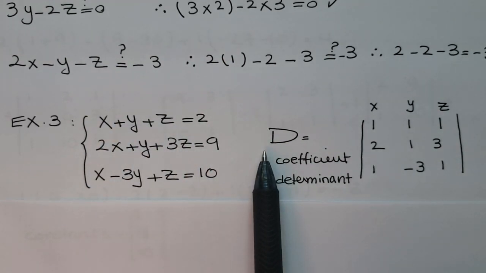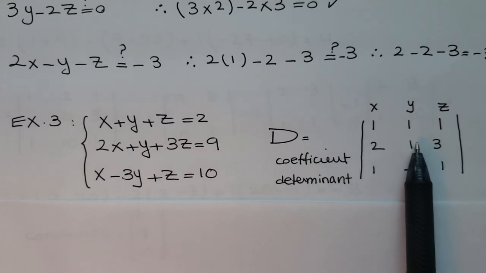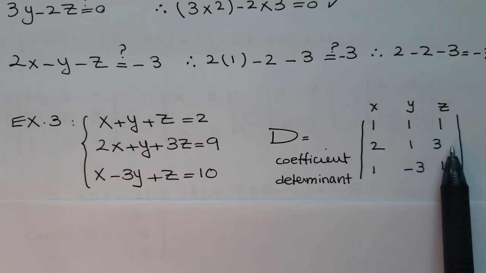So we start by forming the coefficient determinant, which I show with D. Some people prefer to use the triangle symbol. So the first column refers to the first variable, the second column refers to the second variable, and the third column refers to the third variable.